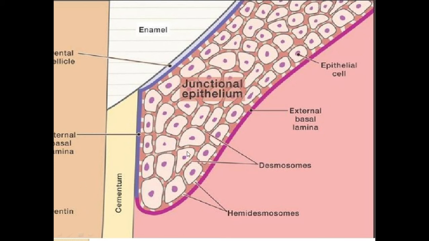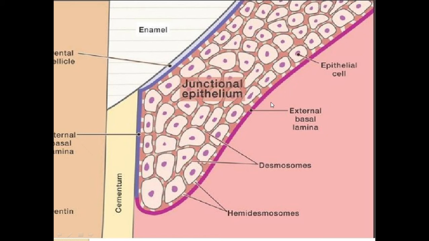If you see the histological section of junctional epithelium, the cells are attached to one another by the help of desmosomes. Desmosomal junctions are there. But if we look at the interface of epithelium and underlying connective tissue, there is presence of hemidesmosomes.